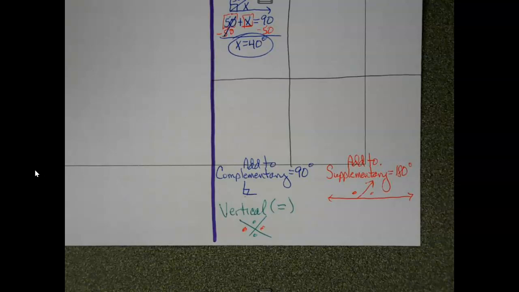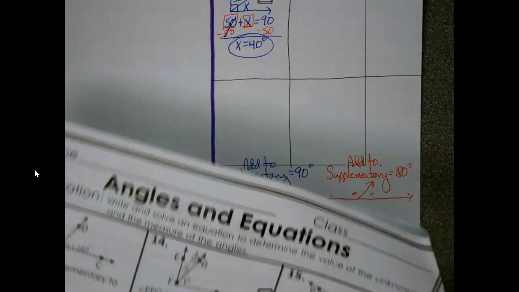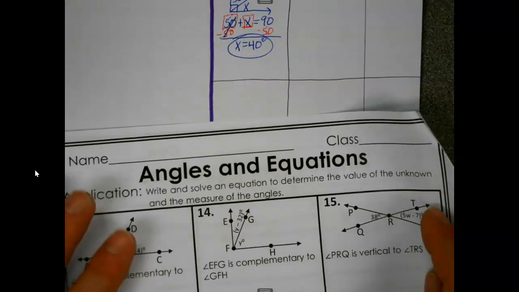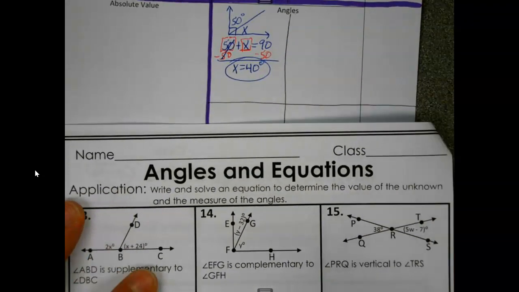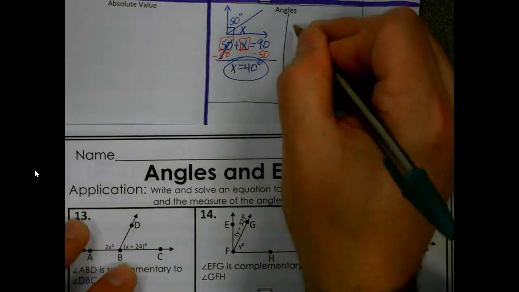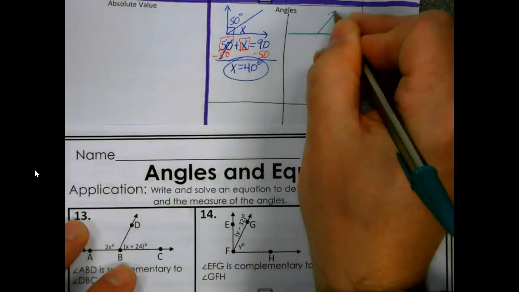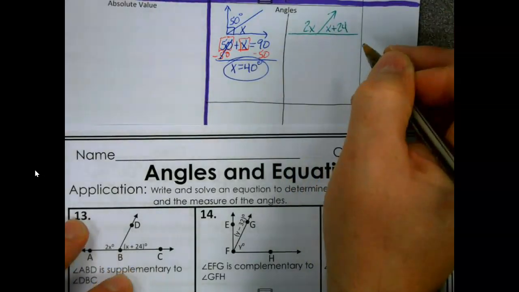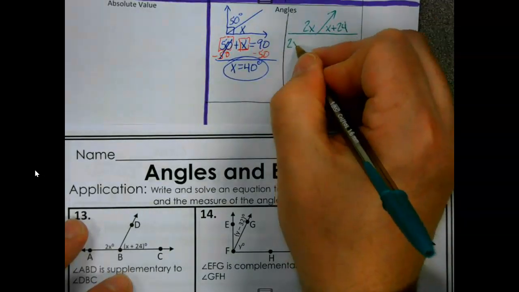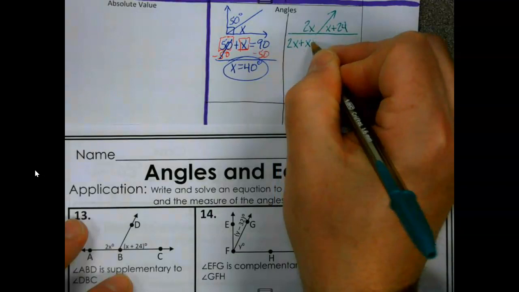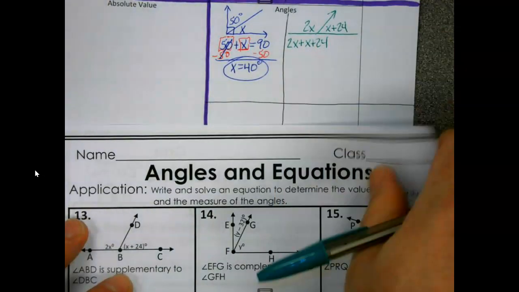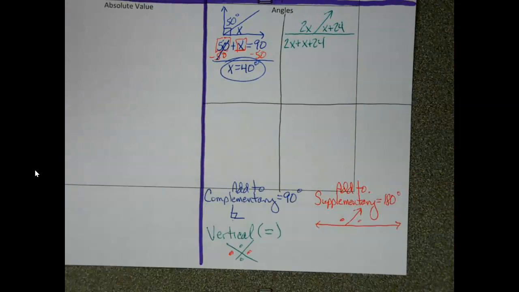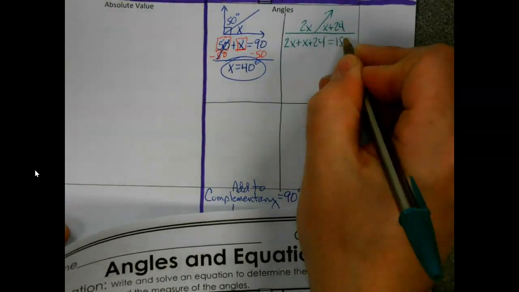And you might even want to find some that look a little bit different. Like instead of going the most simplistic, maybe you go, okay, when I flipped over, here's a supplementary. And so you're like, okay, so 2x plus x plus 24, as we said, they add up to 180.